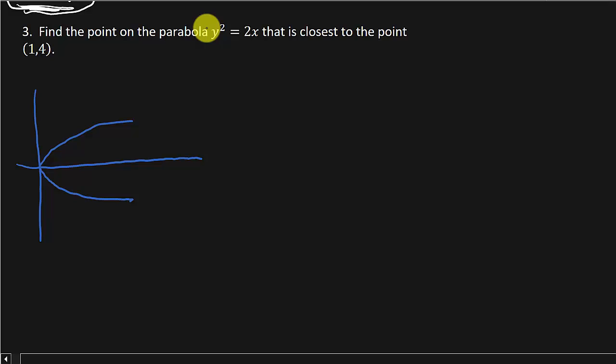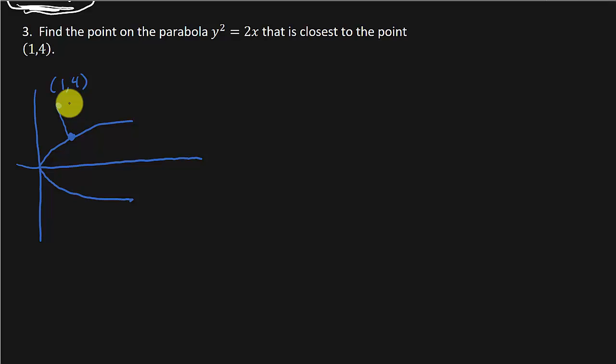We've got the y squared here. And our point 1, 4 is going to be up here. We want to find a point on this graph that's closest to that point right there. You see that? That's closest to that point.